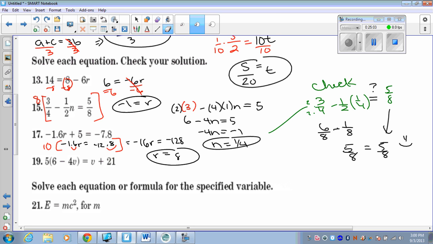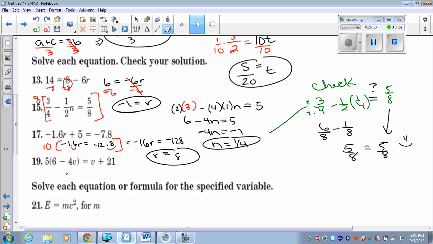All right, over here, distribute, of course, 30 minus 4v. Subtract v from both sides. Actually, you can add v. Adding 4v to both sides will probably be a little easier. And at the same time, I'm going to subtract 21 from both sides. So this cancels out to 0. That cancels out to 0. 30 minus 21 is 9 equals v plus 4v. Oh my gosh, I almost made a mistake.